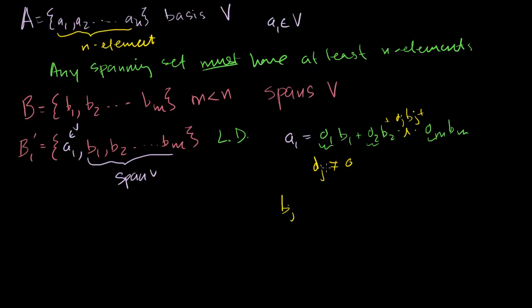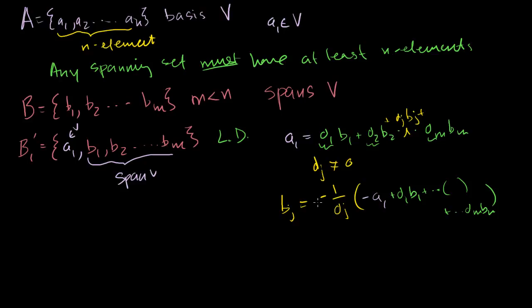That should be equal to minus 1 over its coefficient times minus a1, plus all of these guys, plus d1 b1, all the way to dm bm. I'm doing all of this just to show you that by definition, you can write a1 as a linear combination of these other guys, but you can just rearrange things.